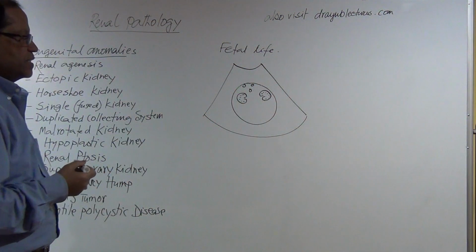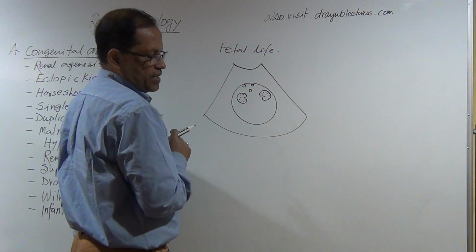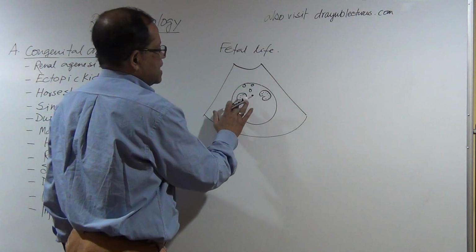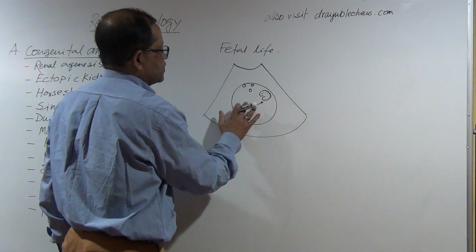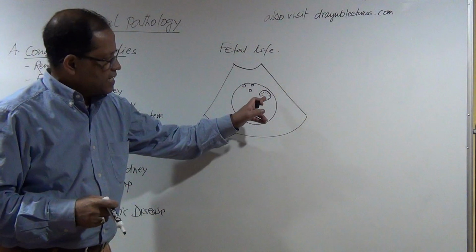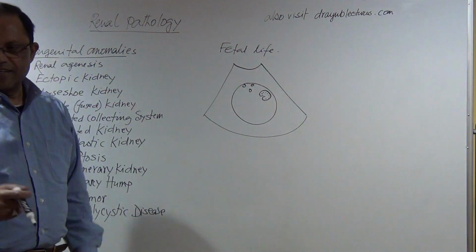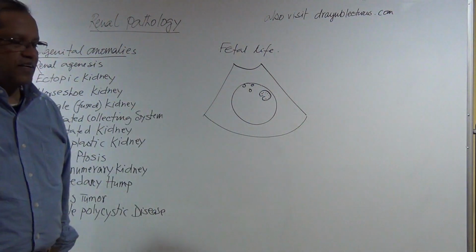And if one kidney is missing, say this is the right side, the right-sided kidney is missing. Then what are you going to see? Left-sided kidney is there, and on the right side we don't see it.